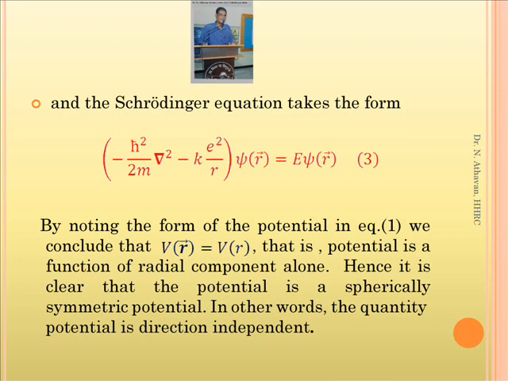By looking at this equation, we can say the potential, that is V of vector r, is equal to V of scalar r, because the potential is a function of the magnitude of the radial variable r. Therefore, one can say that the potential is spherically symmetric, which means the potential is direction independent. It is only a function of the radial variable r alone.